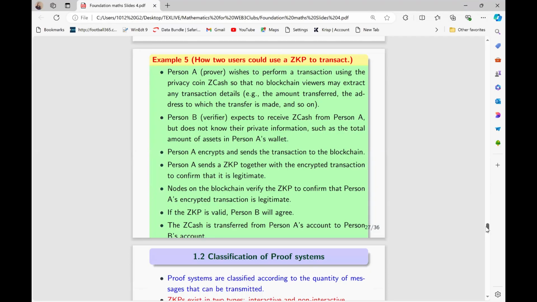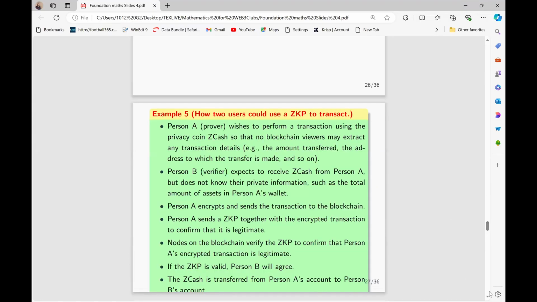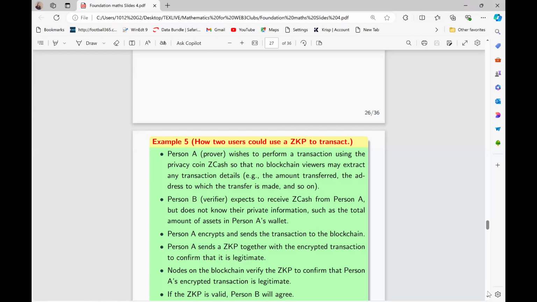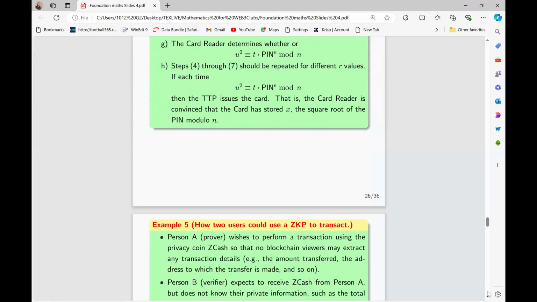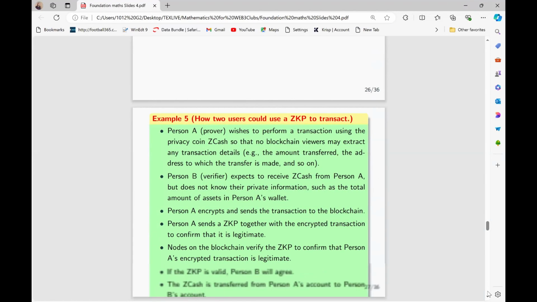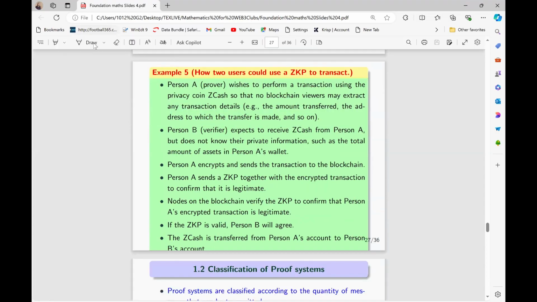I'll begin with this example 5. Then I'll come back to example 4 later, maybe towards the end of today's lesson. But I want to begin with this example 5.